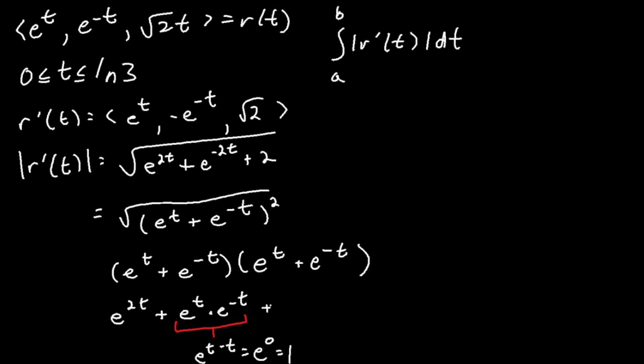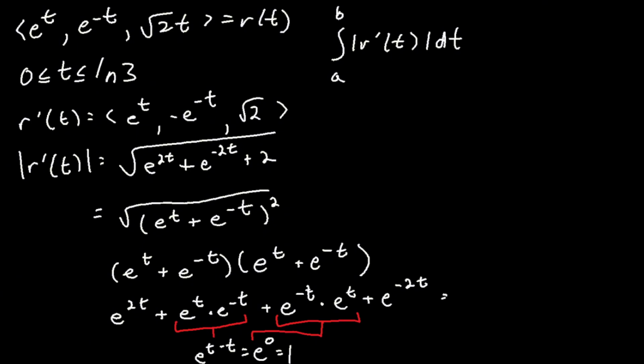If you keep using FOIL, e to the power of negative t times e to the power of t, the same thing happens. I don't even need to draw the equations again. And then e to the power of negative t times e to the power of negative t.